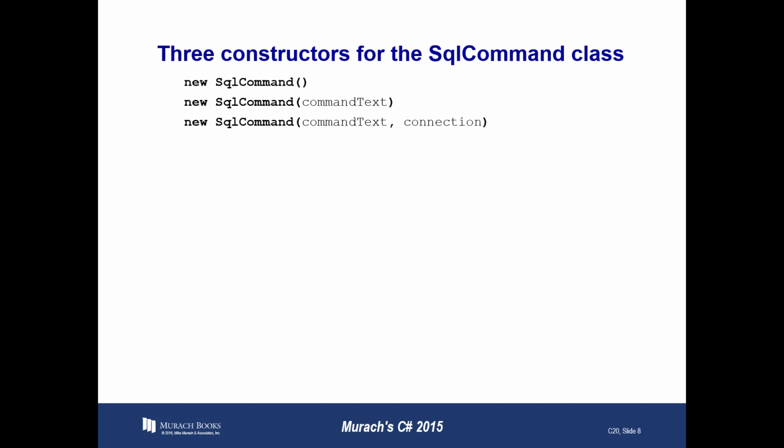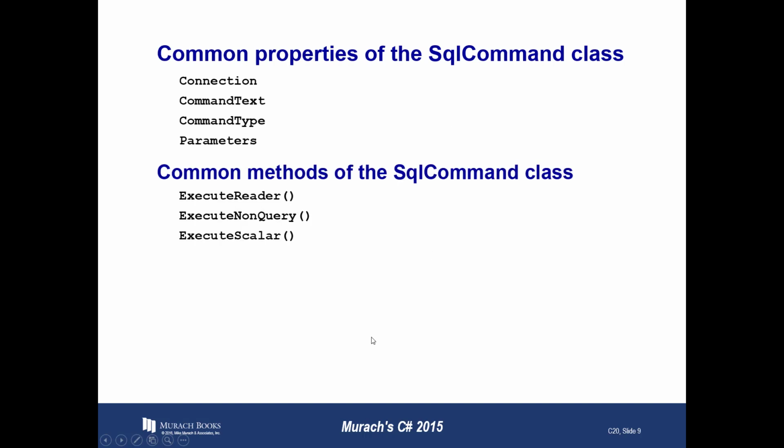So here's 3 constructors that you can use for writing a command. Just the command itself, the command plus text, or the command plus text plus the name of your database connection. Some common properties for the class. Again, I'm just going to keep whipping through these.